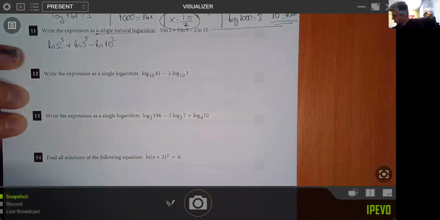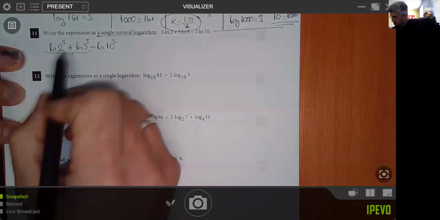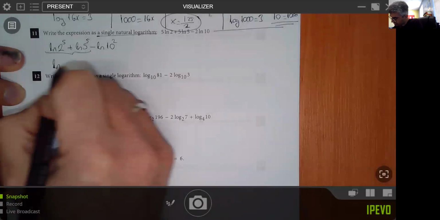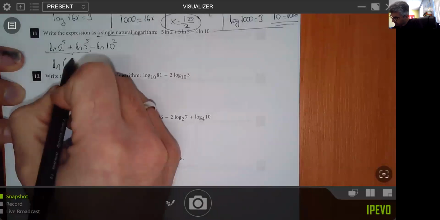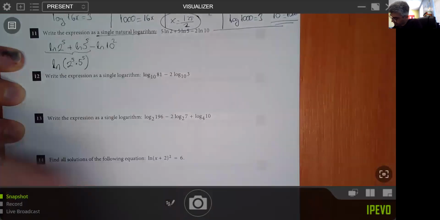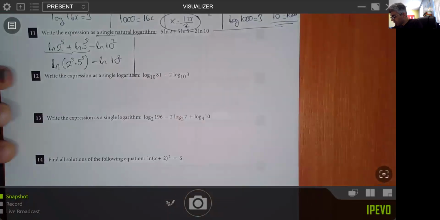And now, what about this? The addition of two natural logarithms, I can write it as ln of 2 to the power of 5 times 5 to the power of 5, and minus ln 10 squared. Okay.